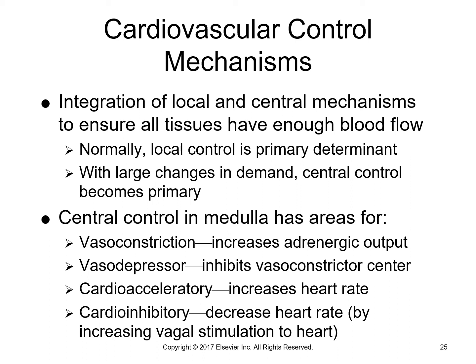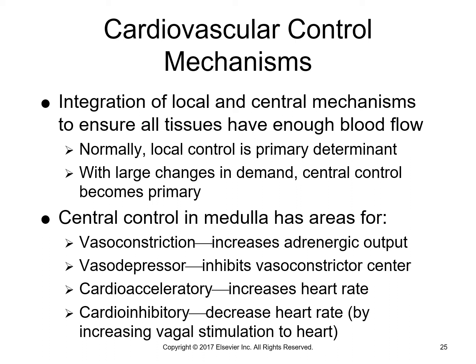So again, normal local control is a primary determinant. With large changes in demand, central control then becomes primary. The central control is in the medulla, and that is also your autonomic nervous system.